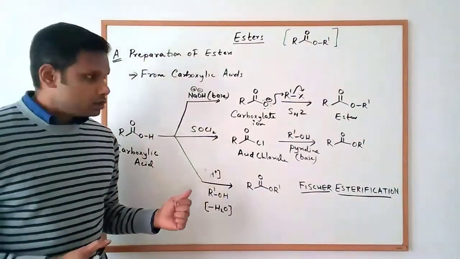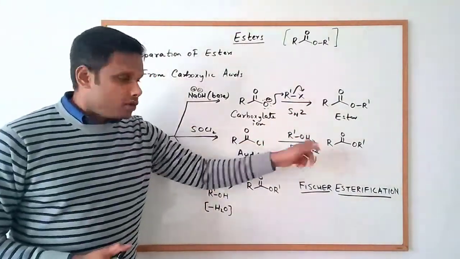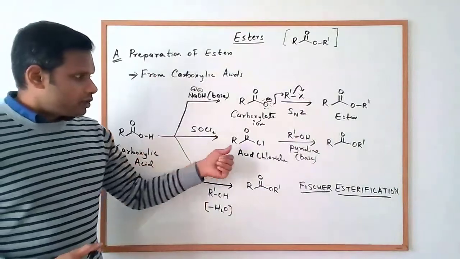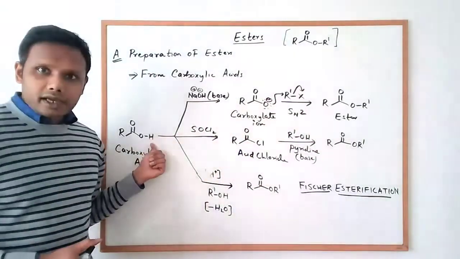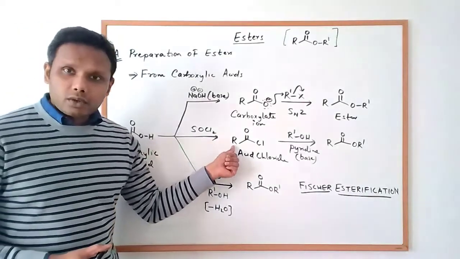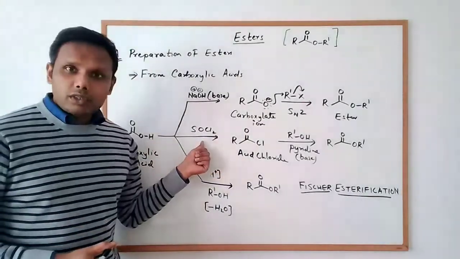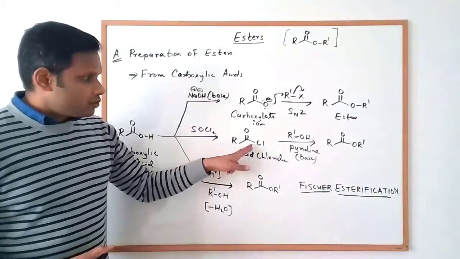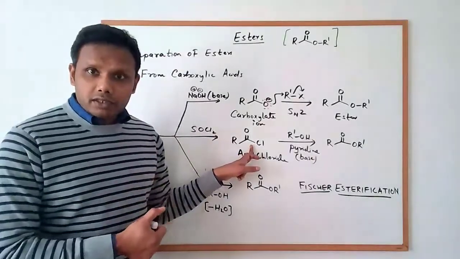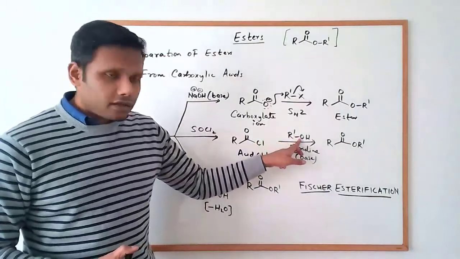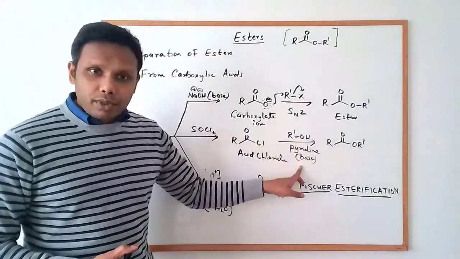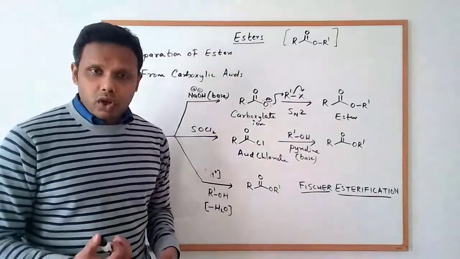A second approach to synthesizing an ester from a carboxylic acid would involve the acid chloride. You can convert a carboxylic acid into an acid chloride by reacting it with thionyl chloride. And once you make the acid chloride, you can then react it with an alcohol in the presence of a base, pyridine being the most common base.